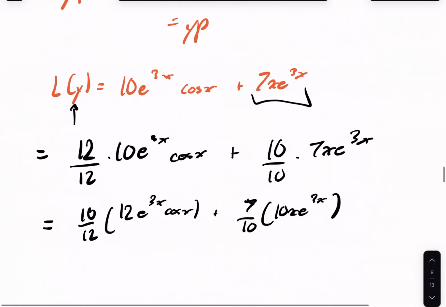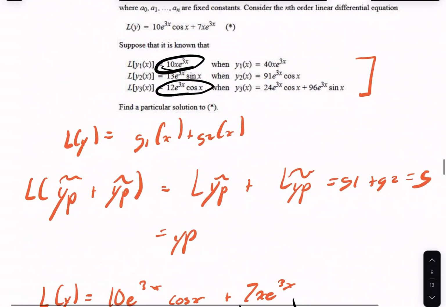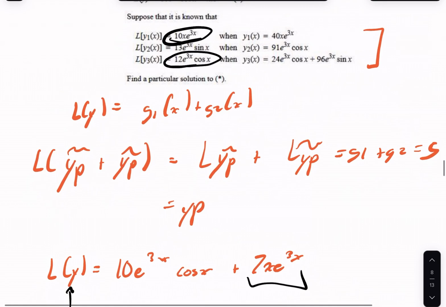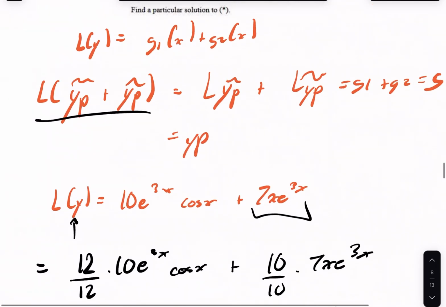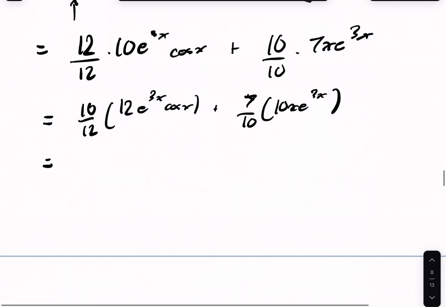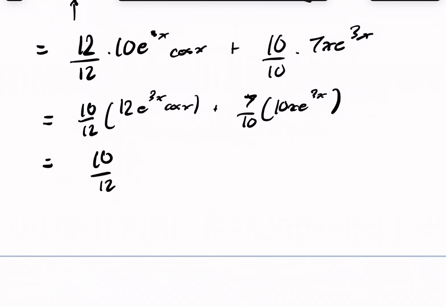So cool. Now we got it in our L at x, okay? And there's a reason why I wrote this out, and you'll see why. So this now equals 10 over 12 L at y1 plus 7 over 10 L, let me just put it like this, L at y3, okay?